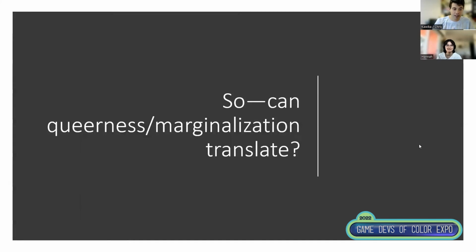Okay, so we wanted to conclude this last section by returning to the question in our title, can queerness/marginalization translate? Or perhaps a better way to put it is, how can queerness/marginalization translate? We also wanted to keep in mind that we envision the audience of the game foremost as young people, not necessarily students, but perhaps students, but young people who are racialized, queer, or otherwise precarious, yet who also want to have the capability to do things that traditionally are only available to higher classes, such as traveling, discovering, and learning.